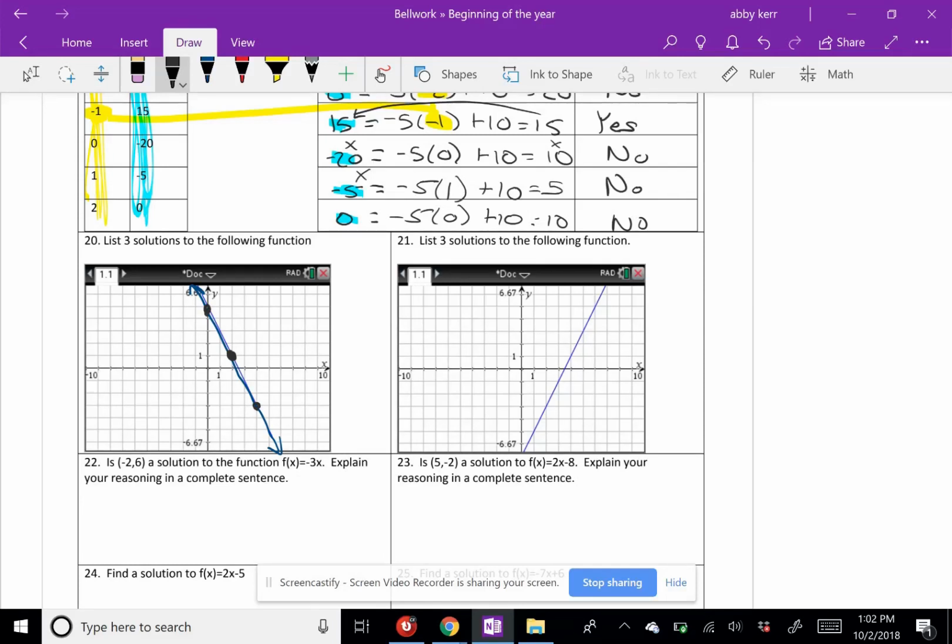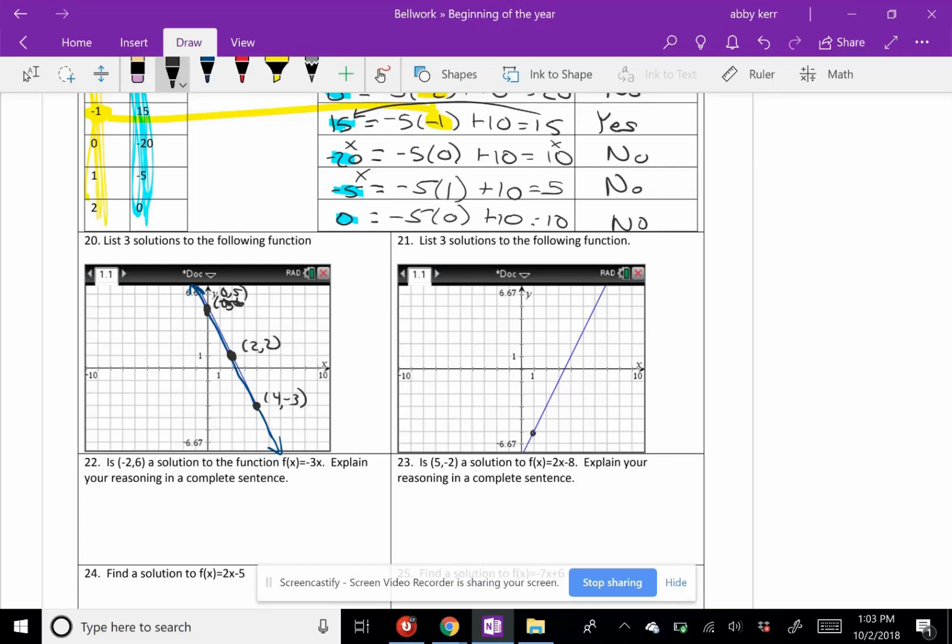So this is 1, 2, 3, 4. So this is 0, 6. Sorry, 0, 5. This is 2, 1. Sorry, 2, 2. And this is 4, negative 3. So you can pick other ones, but I just picked those 3.